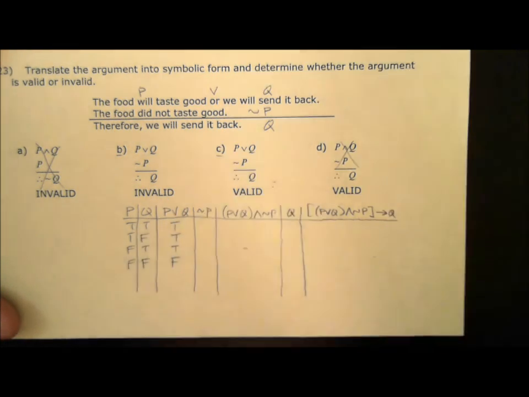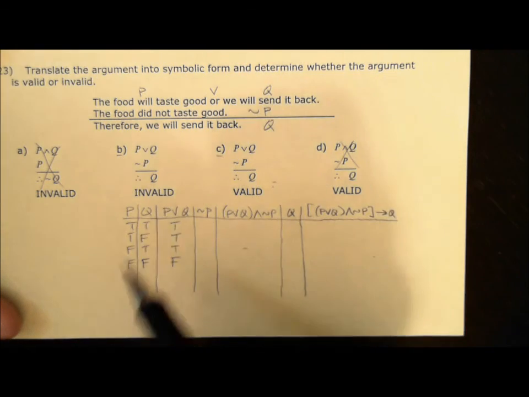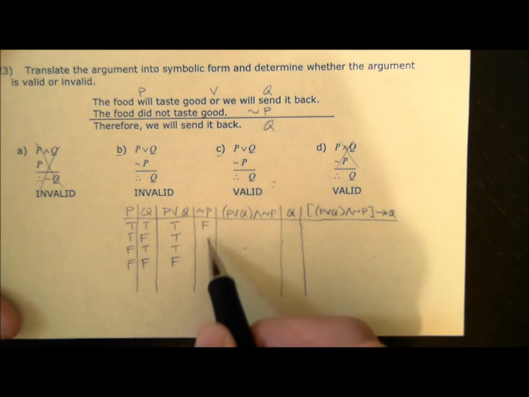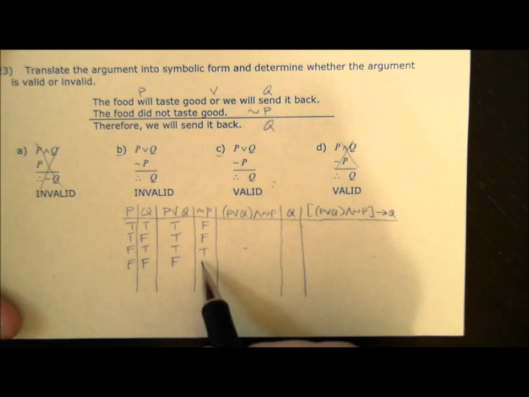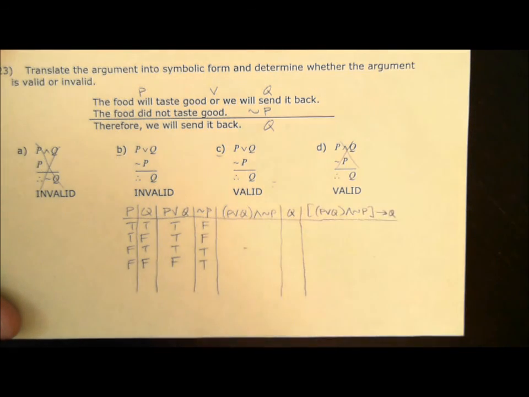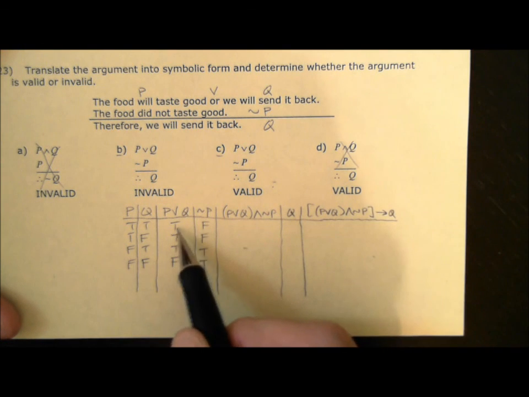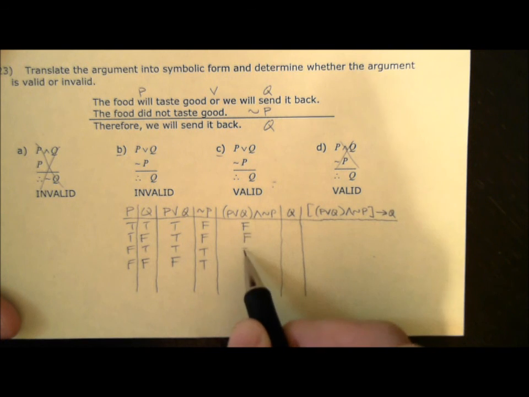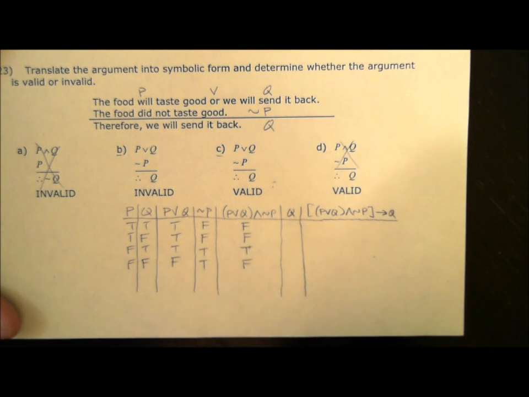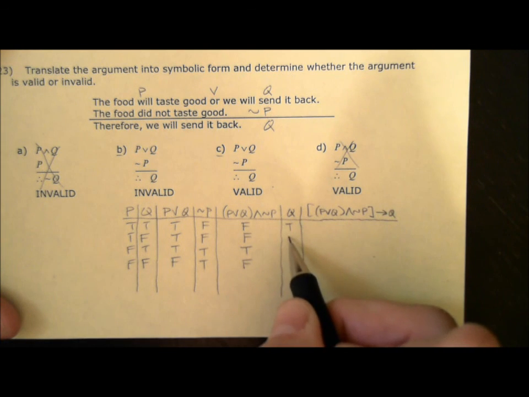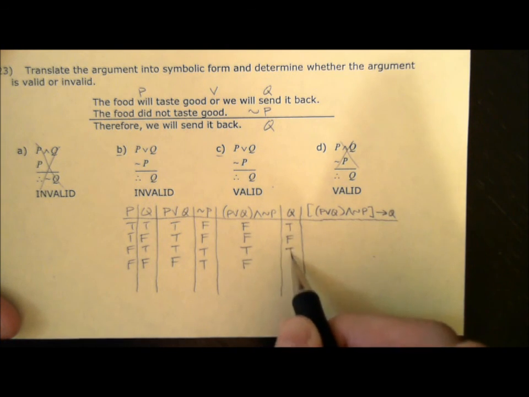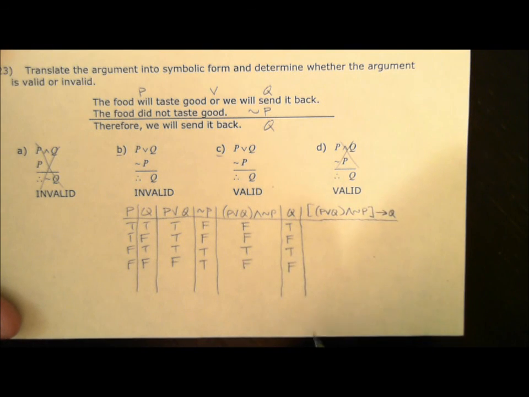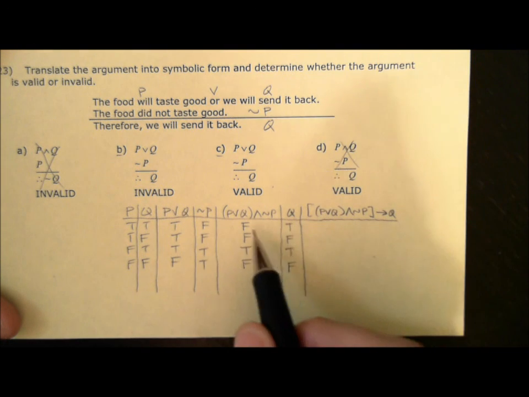The negation of P column would be false, false, true, true. And the conjunction of these two would be false, false, true, false. I just copied the Q column over here. True, false, true, false. And now we want to check the implication.